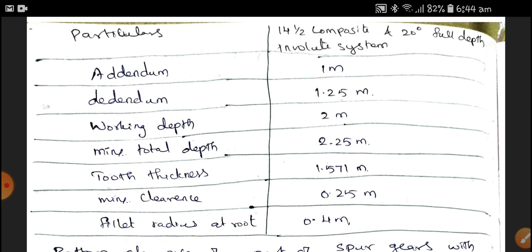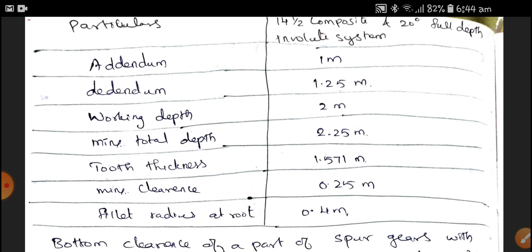Here the module is very important, and I am going to add an important point for the mating gear: the module of both driver and driven should be the same. Then only the power transmission or torque transmission or law of gearing will be satisfied. So module is that much important. Module and pitch circle diameter are very important for specifying the gears or a gear drive.